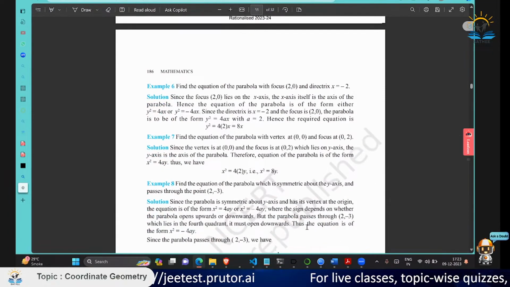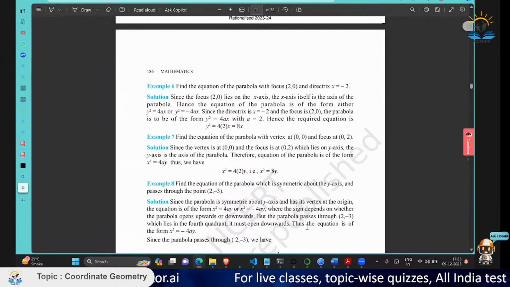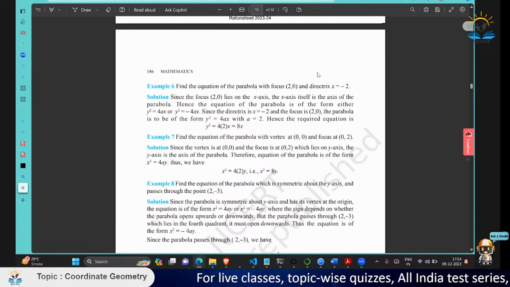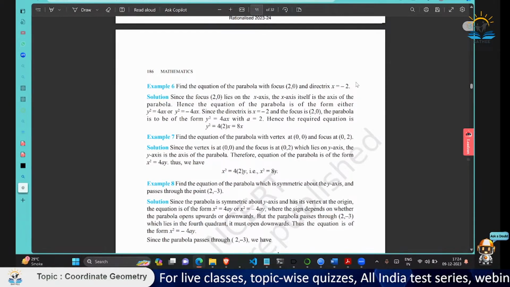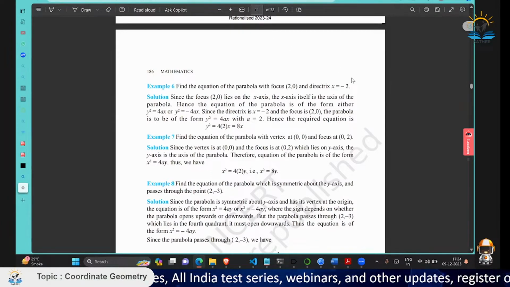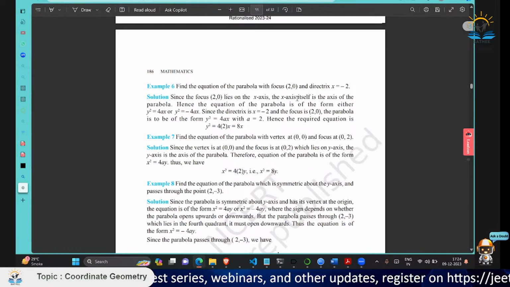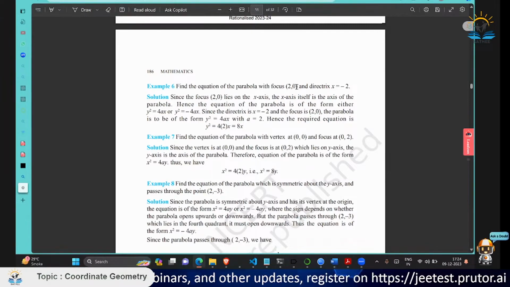Let's move further. Find the equation of the parabola with focus 2, 0 and directrix x equal to -2. Again, it's the same thing. Since focus is 2, 0 and directrix is x equal to -2, we can say the axis of the parabola is nothing but the x-axis, because the focus lies on the x-axis and the directrix is perpendicular to it, right?